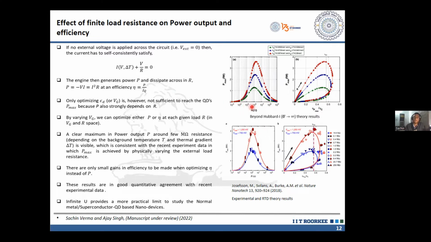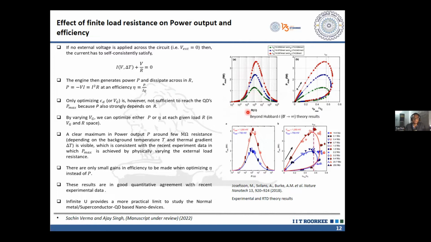So we have first optimized it with respect to the gate voltage, that is the quantum dot energy level, and then we have optimized it with respect to this load resistance. And it is seen that our theoretical results are exactly as they were seen in the experimental study. So the U equal to infinity limit reproduces these experimental results quite well.